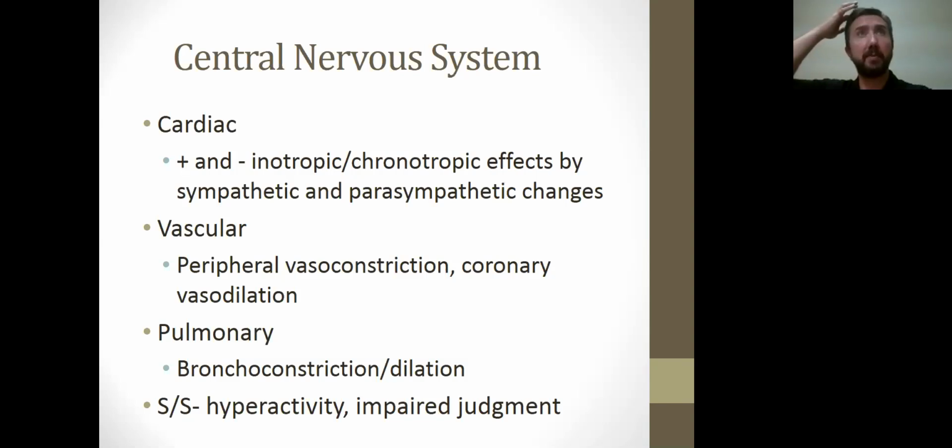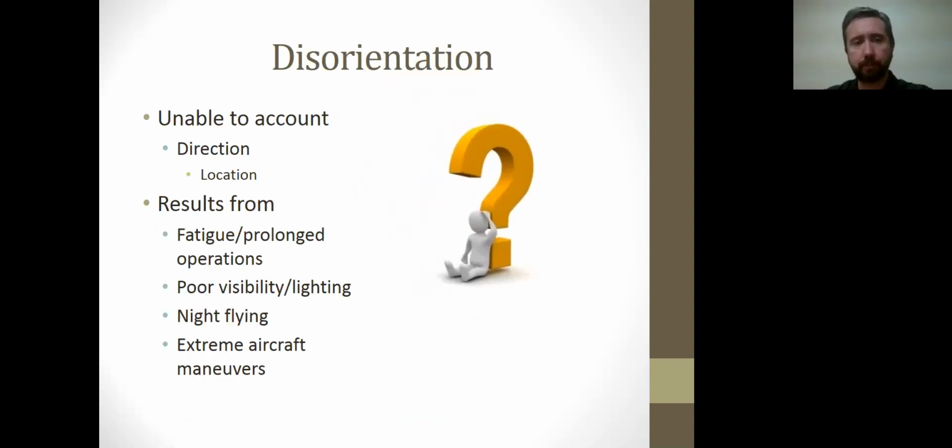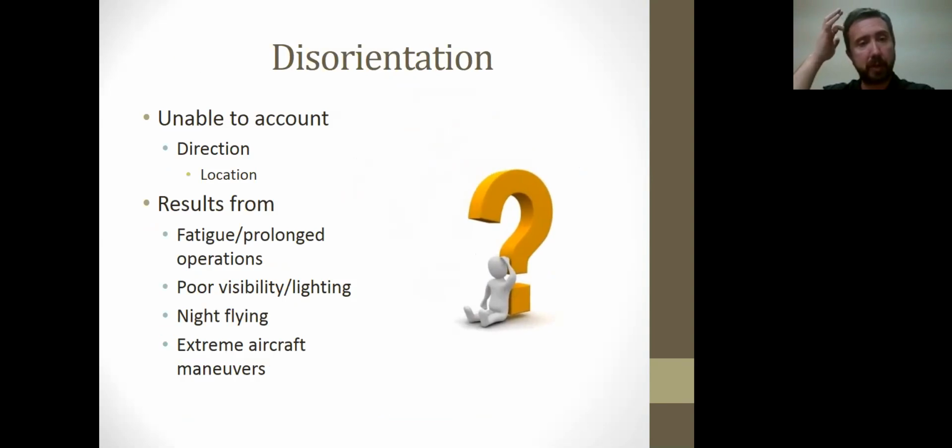Typically, the signs and symptoms with the central nervous system, you'll see some hyperactivity and impaired judgment. All right, with disorientation, basically they're just unable to account for direction, location, and it may result from a prolonged transport, fatigue. Night flying typically can cause these types of issues. Maybe extreme aircraft maneuvers due to a specific emergency at hand, okay?